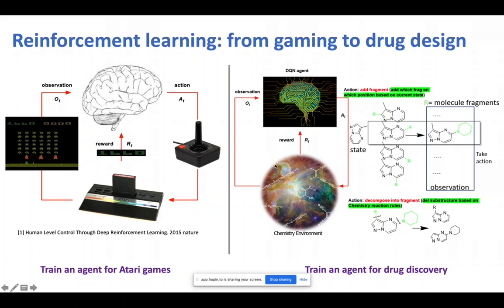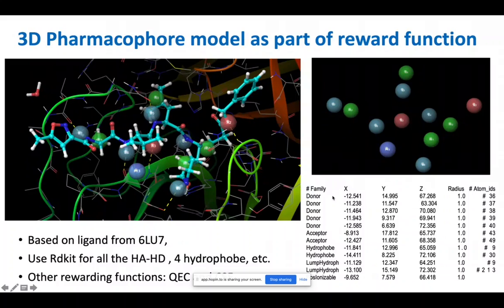We train a reinforcement learning agent to recombine these chemical groups and to form new compounds, and then to see whether these new compounds are good potential drug targets. Of course, for this reinforcement learning, the first thing we need to define is the so-called reward function.